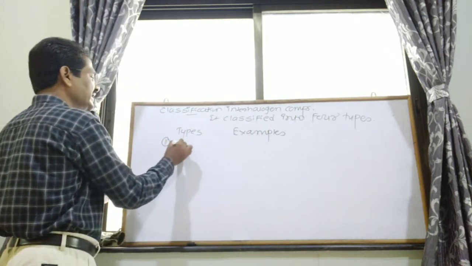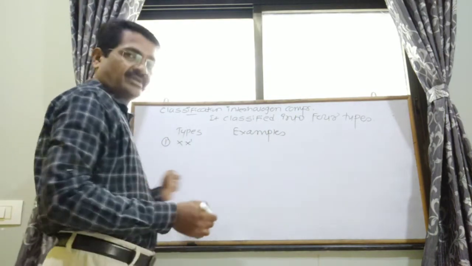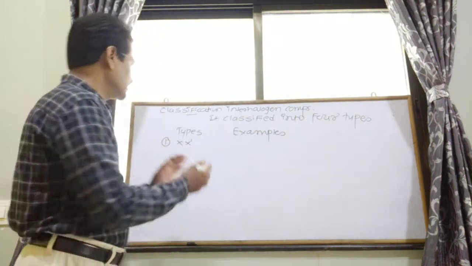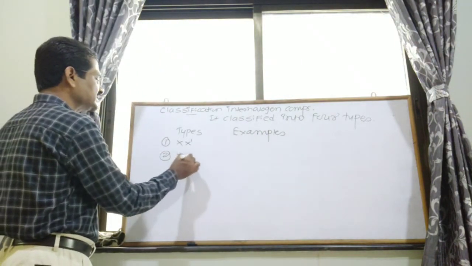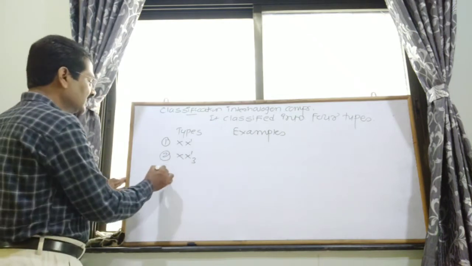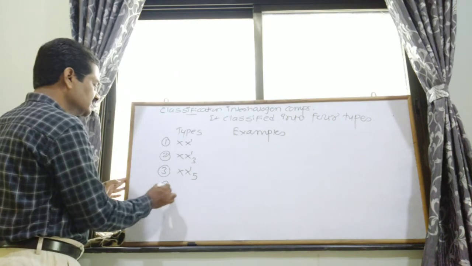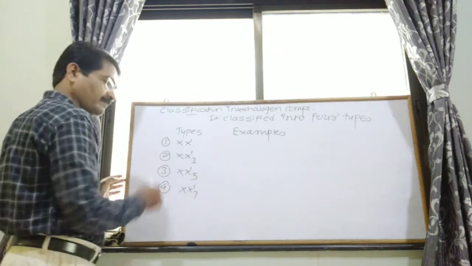First type is XX', both in similar proportion. Second one is XX'3. Third one is XX'5, and last one is XX'7.